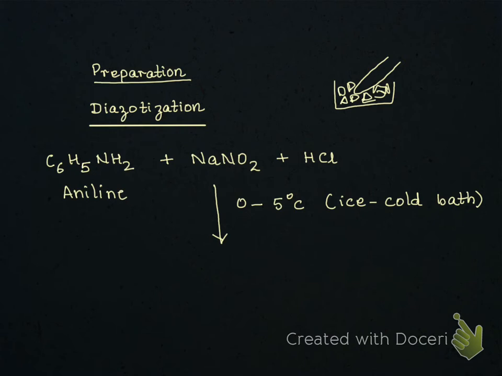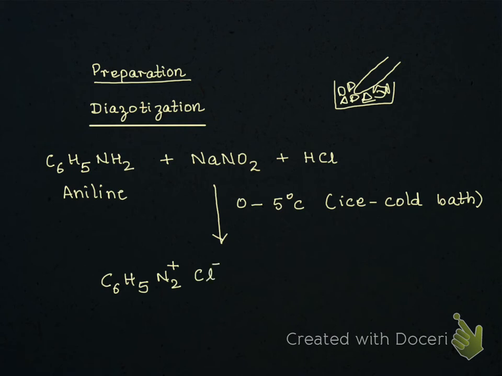I'm sure you'll get a chance to do that. So when you carry out the preparation, you react aniline with nitrous acid being generated in situ, and we have again benzene diazonium. So in short, we write it as N2 positive Cl negative.